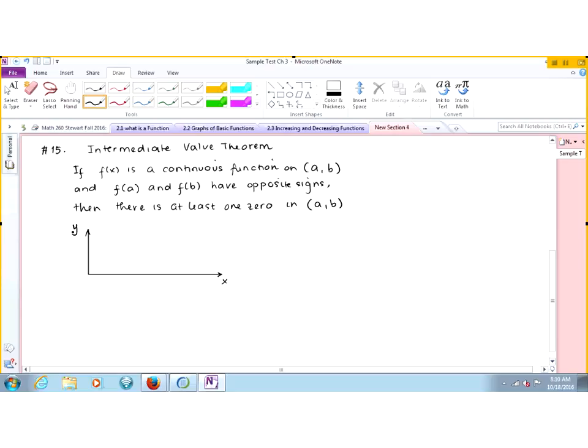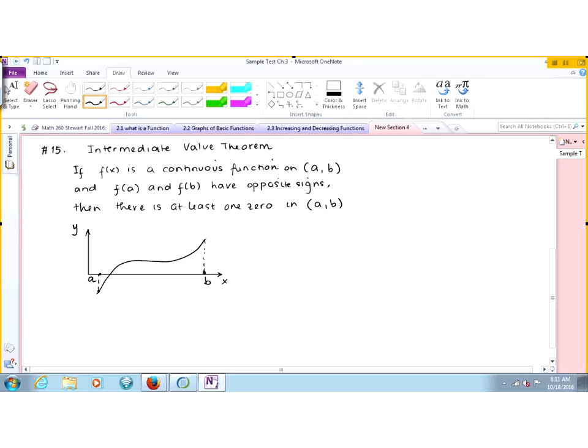So if f of x is a continuous function on an interval (a, b), and f of a and f of b have opposite signs, then there is at least 1 zero in (a, b). If you have a continuous function, the graph will be continuous. So something like this. Let's say this is a and this is b, your interval.